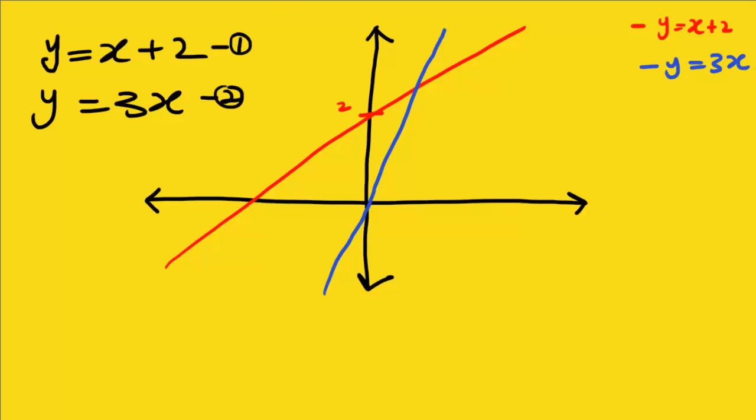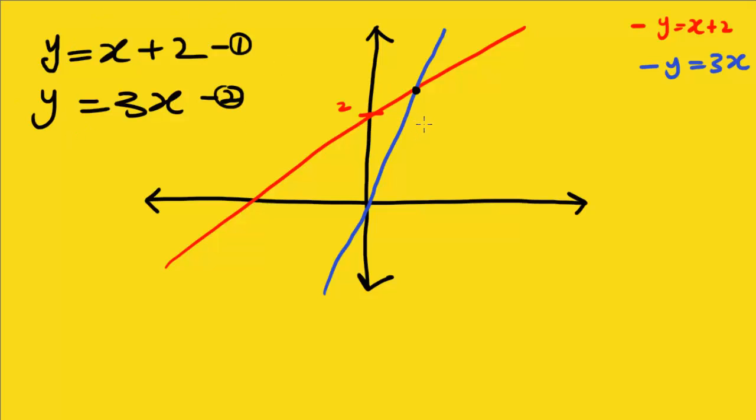The solution to this system of equations is the intersection of their graphs. The first graph, y equals x plus 2, is given by the straight red line. The second graph, the blue one, is the graph of the second equation, y equals 3x. They intersect at this point, and the point of intersection is the solution to this system.